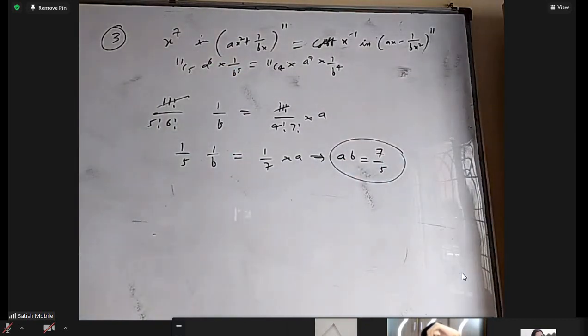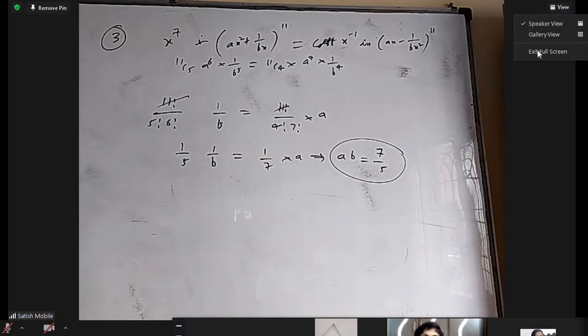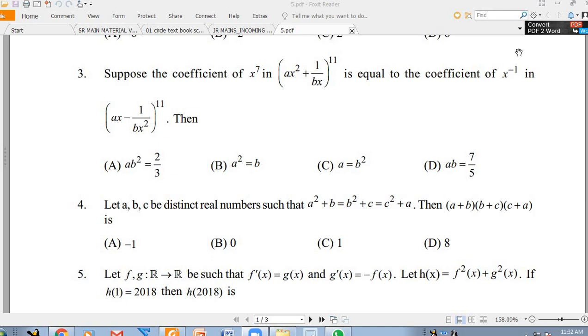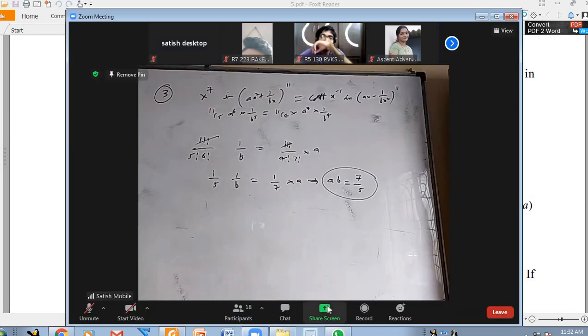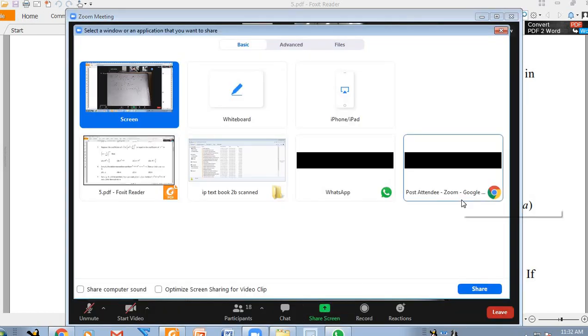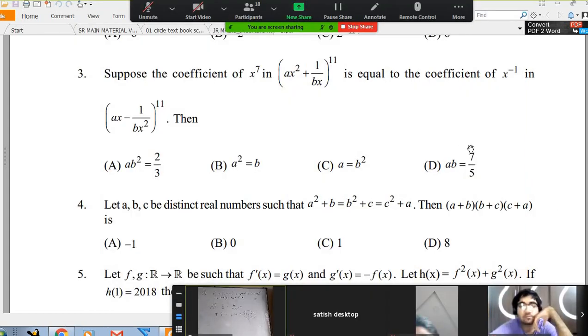Let us see in the options. Yeah, option D is there where AB is equal to 7 by 5.